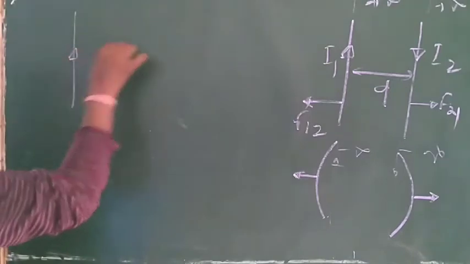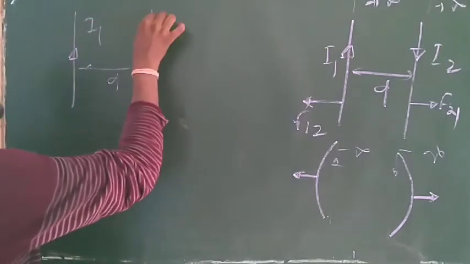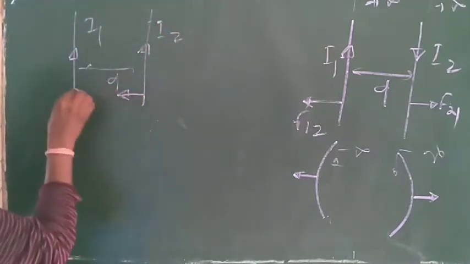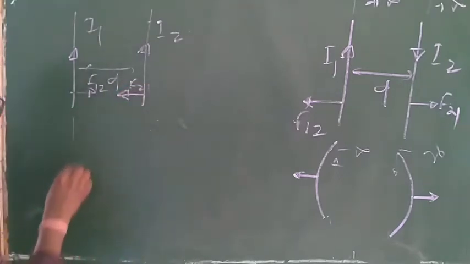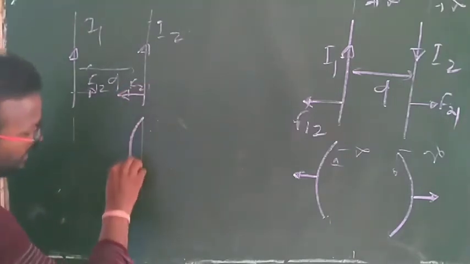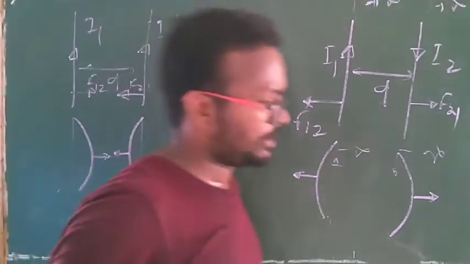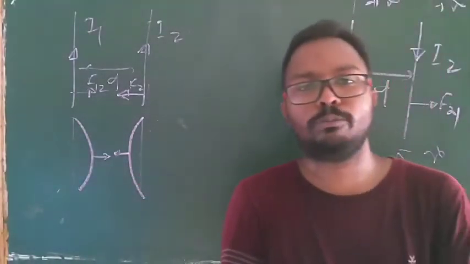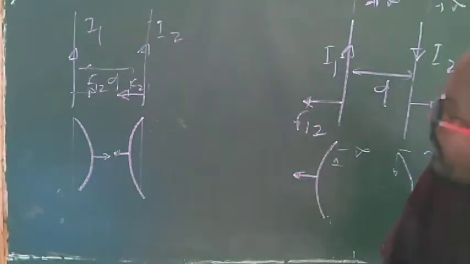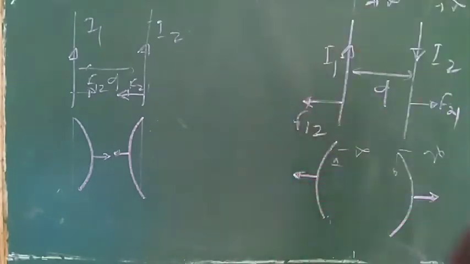If the currents I1 and I2 flow through the conductors in the same direction, they are attracted to each other, with forces F12 and F21. The final situation is then that the conductors are attracted toward each other. Clear? This is all about the magnitude and direction of force when two parallel current carrying conductors are placed parallel to each other, separated by distance d.